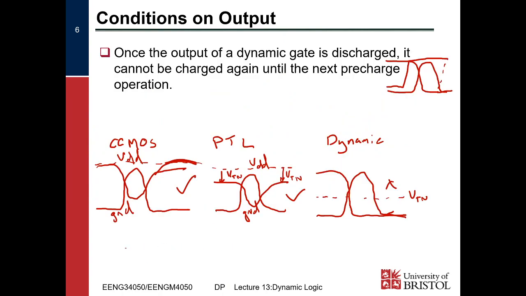Right, okay. So let us presume that we've got an inverter, because it's the simplest gate to look at, right? So we've got our pre-charge PMOS transistor. We've then got our input NMOS transistor, and we've got our evaluate clock.